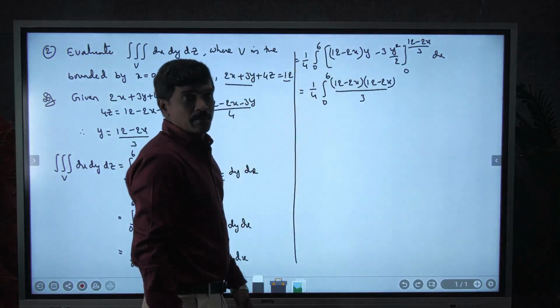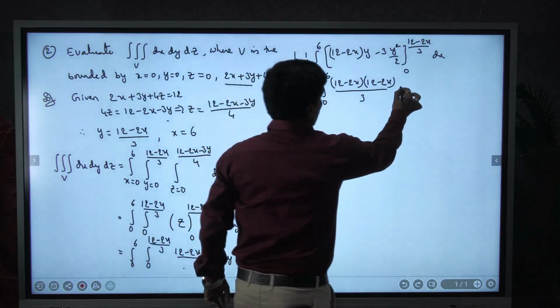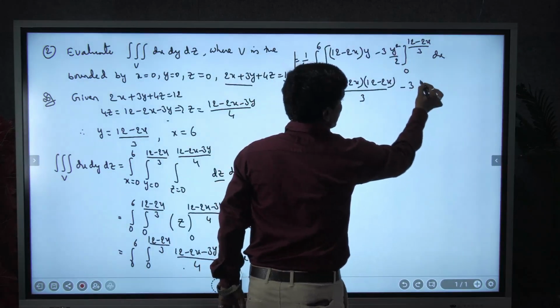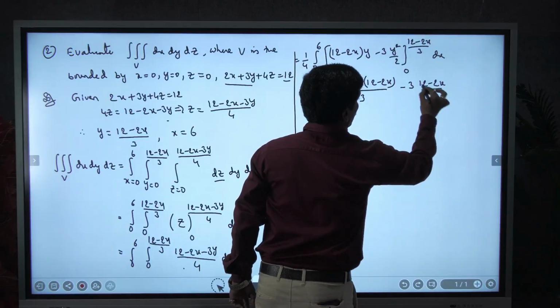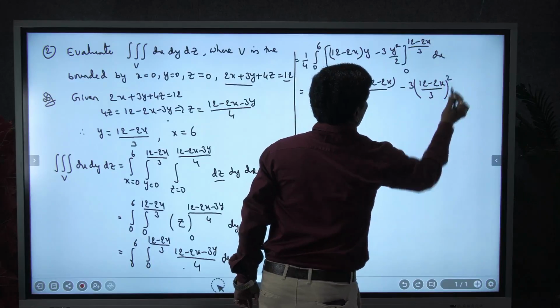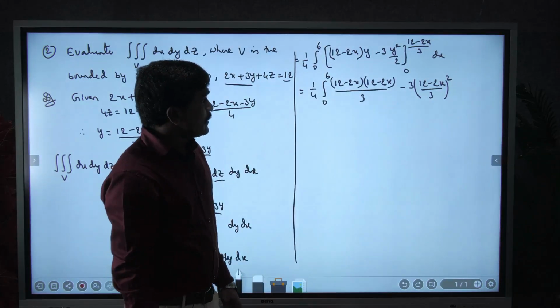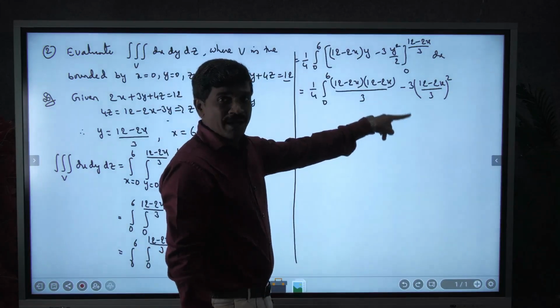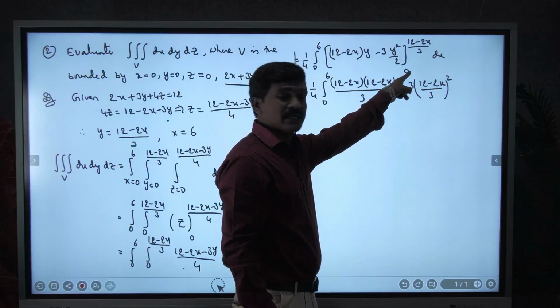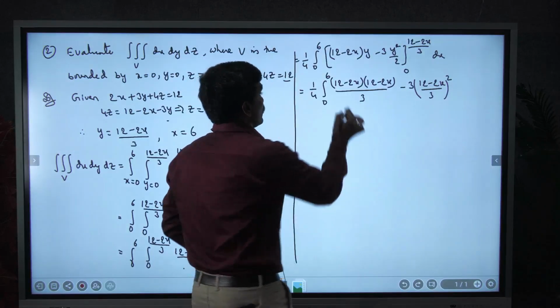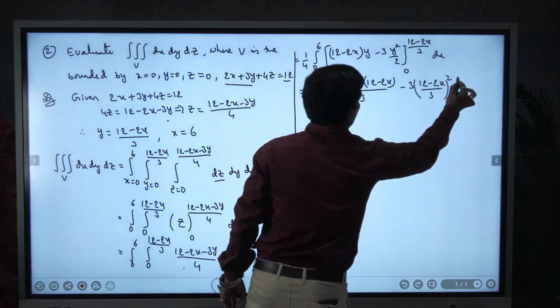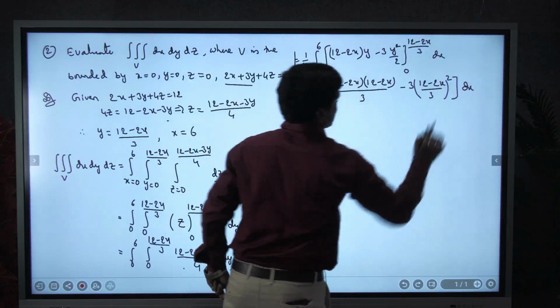This is the upper limit in place of y, minus 3 into y square, 12 minus 2x by 3 whole square, right? So in place of y, this is upper limit minus lower limit. So what is the lower limit here? Lower limit is 0, so the function value is clearly 0. Then into dx, with respect to x.